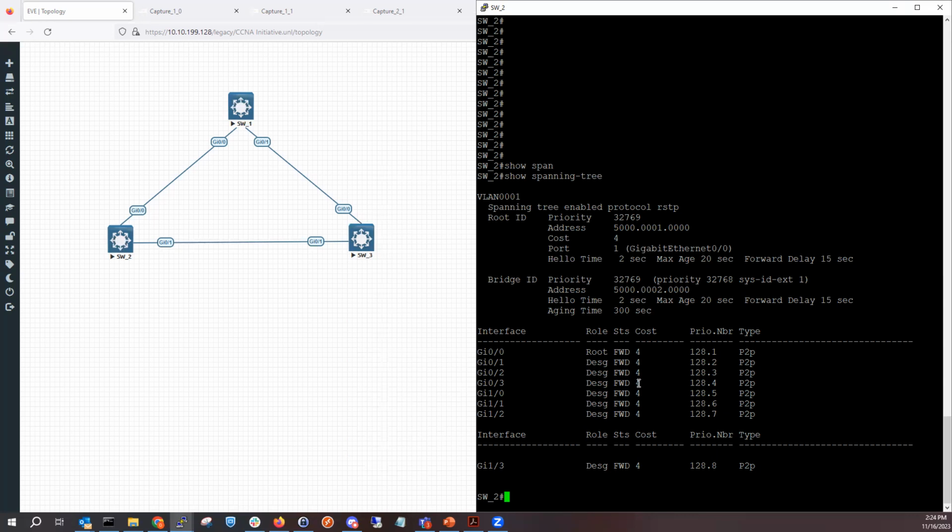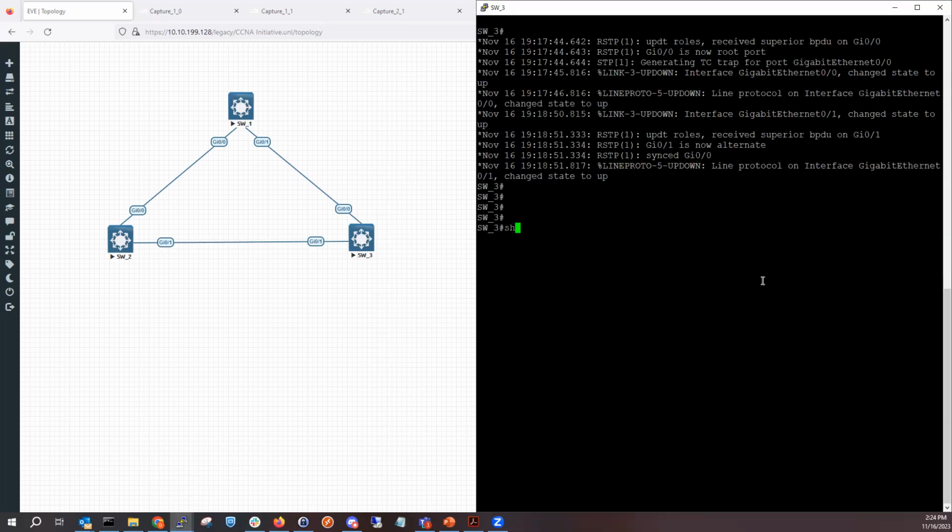This is also the switch between switch 2 and switch 3 that had a lower value to reach the root, and also had a lower bridge ID between itself and switch 3. That's why it was selected to be the designated switch. So all of its ports need to be in a forwarding state, and of course, its root port needs to be in a forwarding state. Okay, let's go ahead and check switch 3.